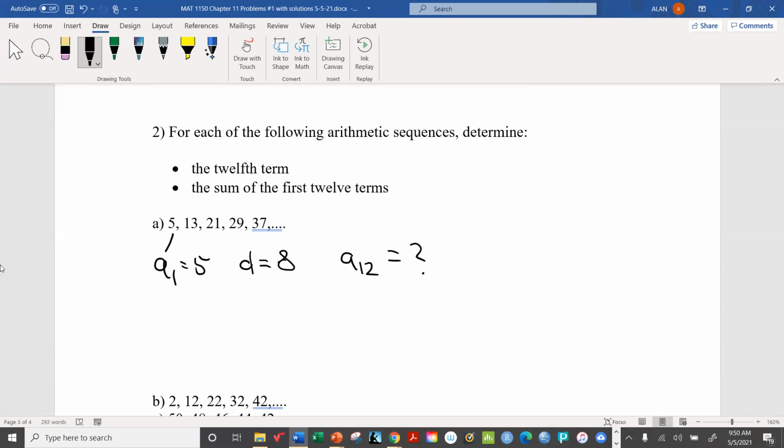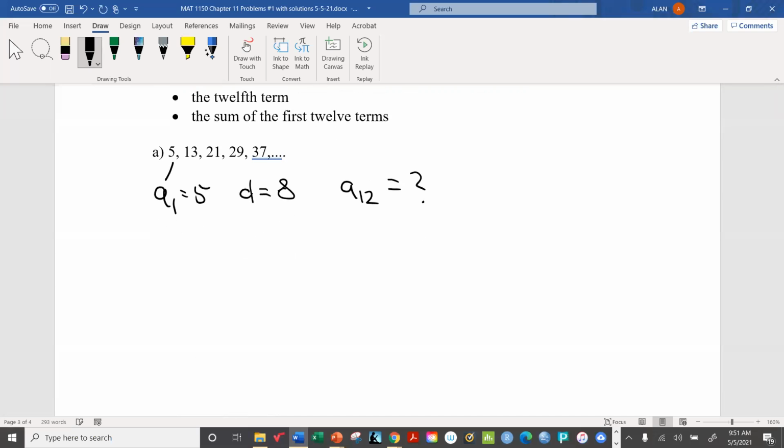All right, so as usual, we'll use the formula. An equals A1 plus n minus 1 times d.